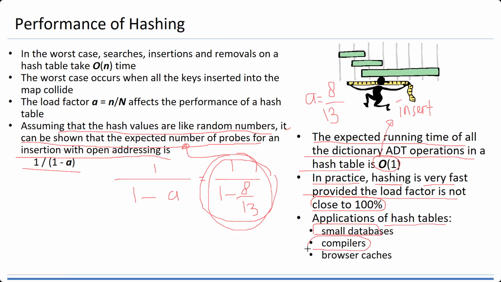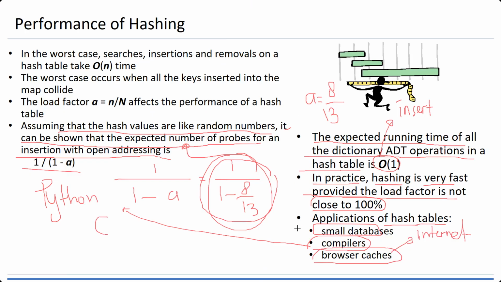Compilers, for example, if you use Python, actually the Python compiler is based on the C language. So the compiler from Python to the C language, yeah, they use this kind of hash function. And browser cache, it happens on the internet. So if you do internet browsing, usually they will use this kind of way to save the data.